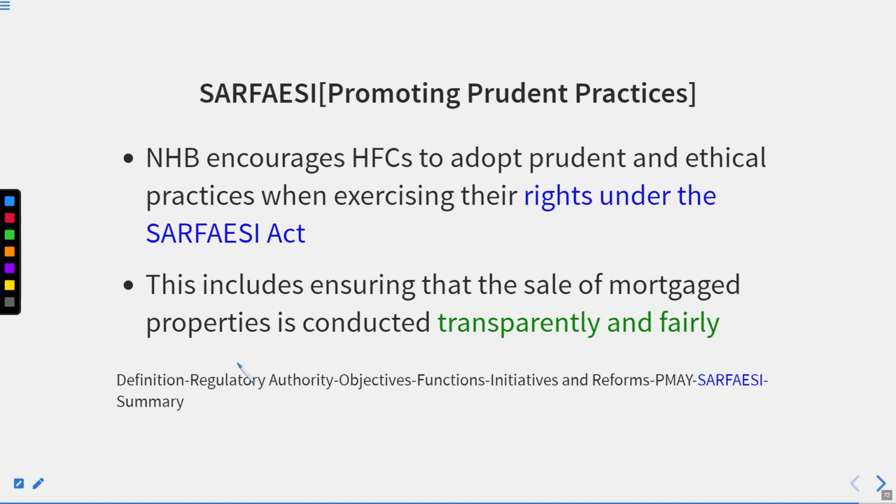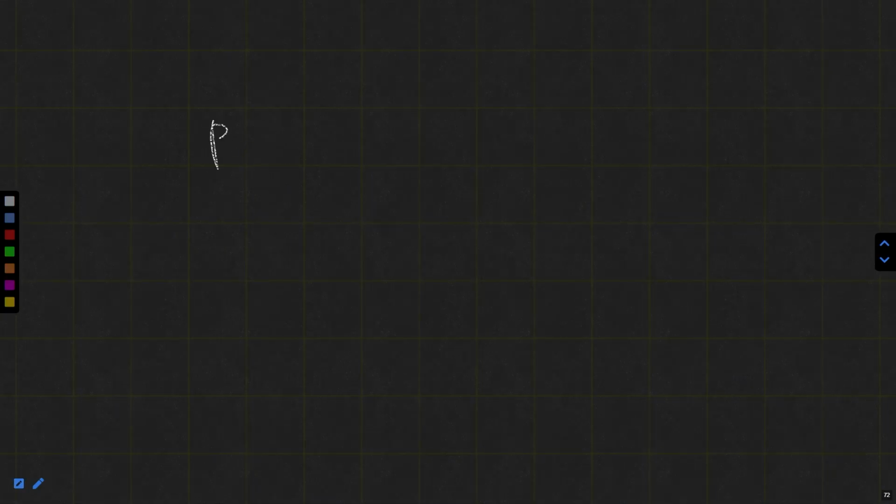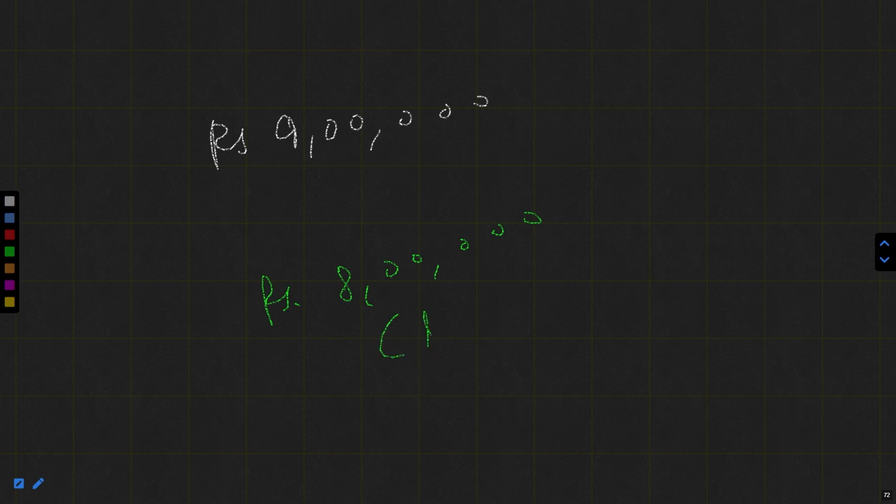It means, what is the price of the property after selling it? Just take an example: the selling price of the property is 9 lakh rupees, and the loan was only of 8 lakh rupees. This is the loan amount, this is the received amount.